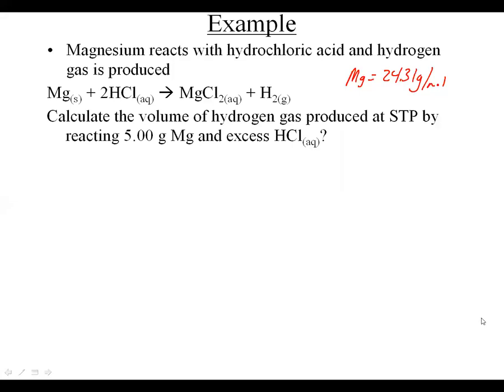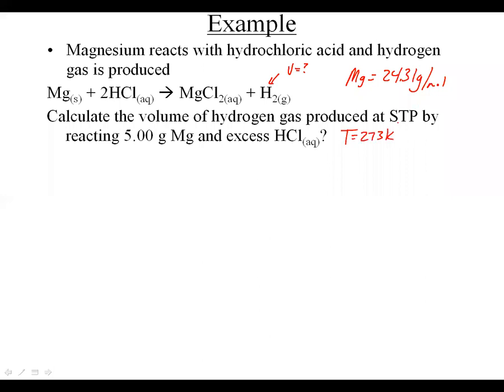Okay, let's take a look here, see how we're doing on this one. So again, this is another stoichiometry problem. We're looking for the volume of hydrogen gas. And that's at STP. So a reminder that when we have STP, it does really stand for some values. The temperature is 273 Kelvin.